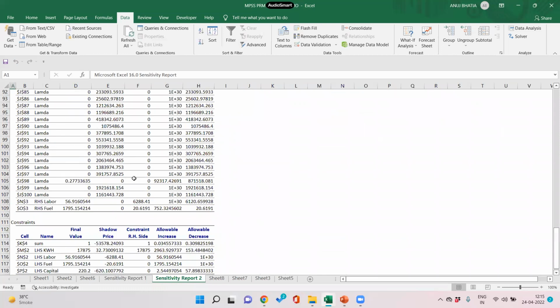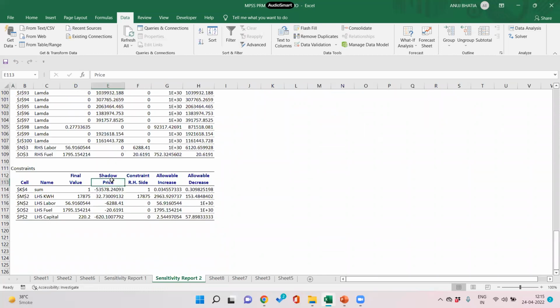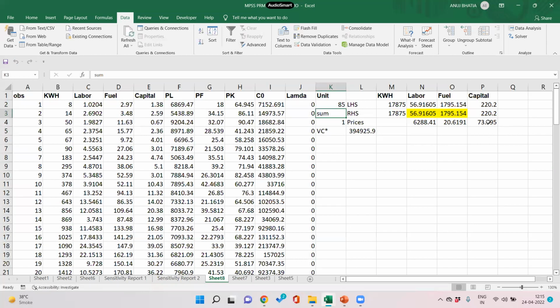If you look at this sensitivity report, the shadow price for capital is minus 620. This 620 is the shadow price or opportunity cost. You need to compare the opportunity cost or shadow price with the price of capital, the price of using or not using it.